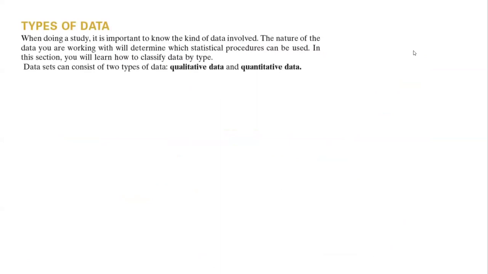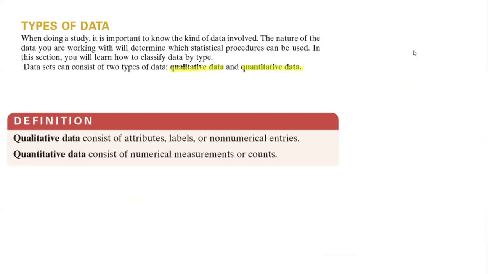Types of data. In our class, we're going to deal with 2 types of data: qualitative data and quantitative data. A qualitative data is all about attributes, labels, or non-numerical entries. Please note that if you have numerical entries like social security numbers, the algebra doesn't make sense on that.